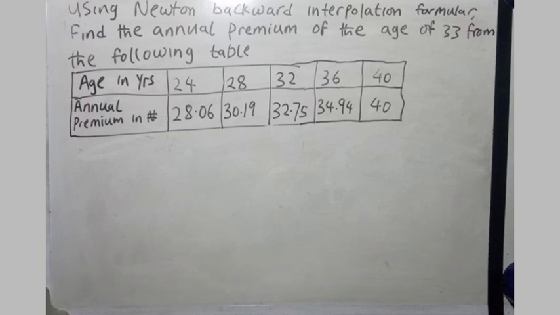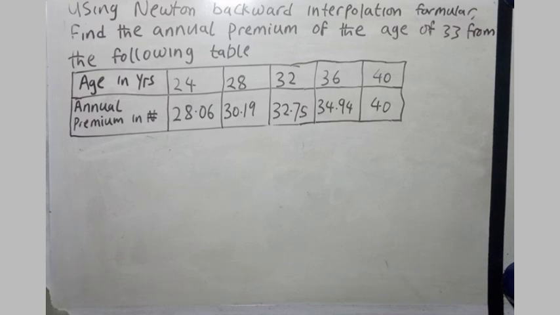Our question says, using Newton's backward interpolation formula, find the annual premium at the age of 33 from the following table. Our age in years is 24 when the annual premium in Naira is 28.06.